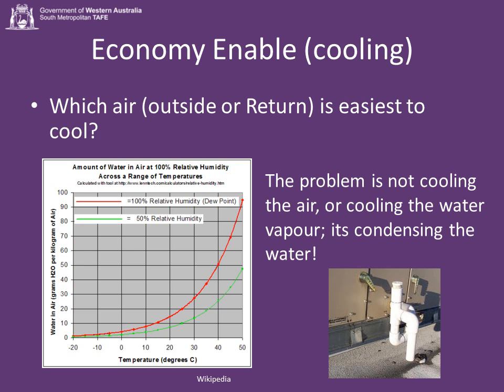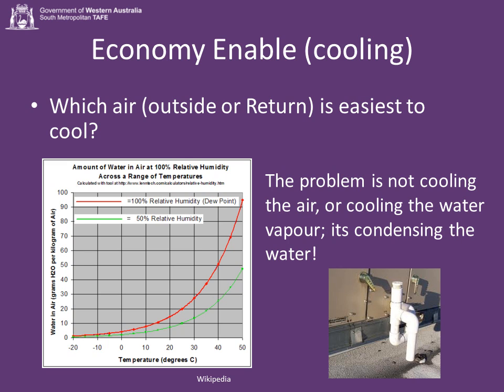So if we cool the air down, there's every chance that it won't be able to support that water, so that water will condense. When that water condenses, it needs energy to condense, so we have to supply energy to condense it.